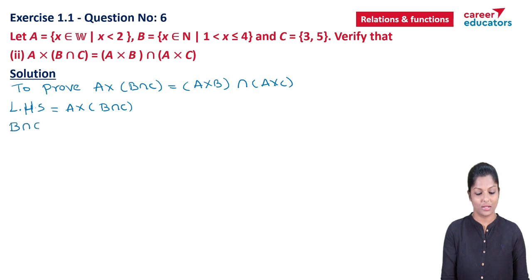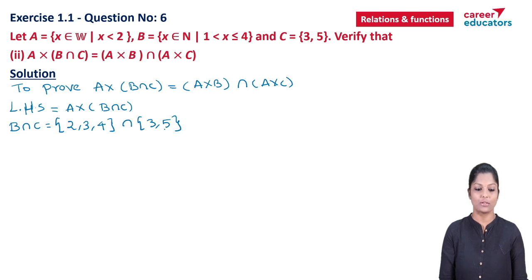B intersection C equal to, write the elements of B: 2, 3, 4, intersection, write the elements of C: 3, 5. To find B intersection C, we have to compare all the elements of B and all the elements of C. We will get the common element 3.